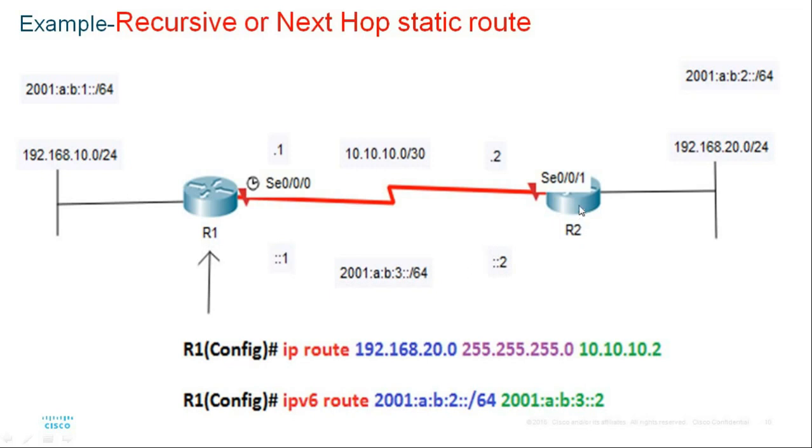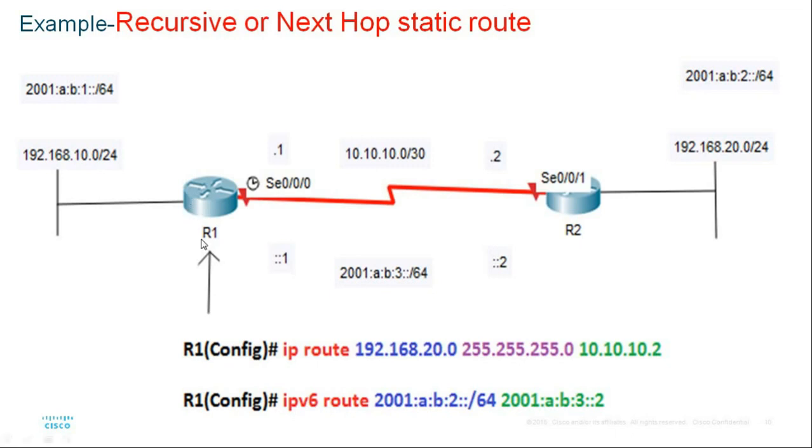Suppose I am at R2. These two networks are directly connected. R2 doesn't know about this one. Only one remote network is there, so only one static route. The number of static routes is equal to the number of remote networks.